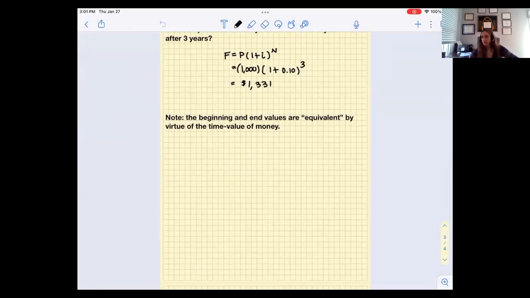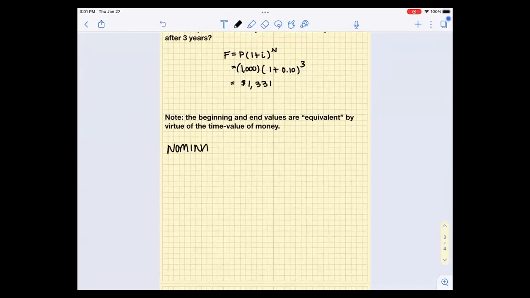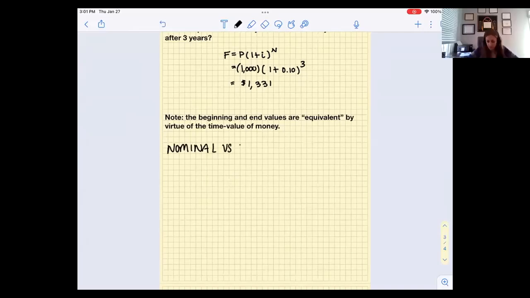And today we are going to talk about nominal versus effective interest. So this is where they get you.